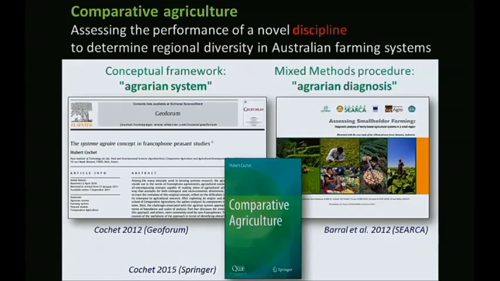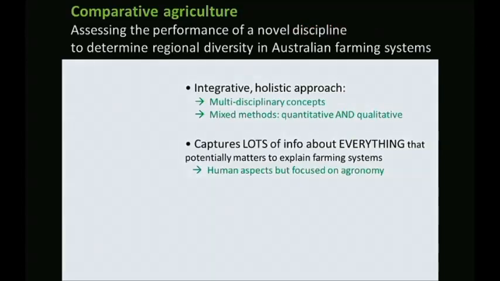And as I mentioned, and Ken did, I'm going to do that using a discipline that is novel to Australia. It's got its own framework, the concept of the agrarian system, and its own methods, which are gathered under a procedure called the agrarian diagnosis. So there's a lot that could be said about it, but the main thing is that comparative agriculture is an integrative, holistic approach.